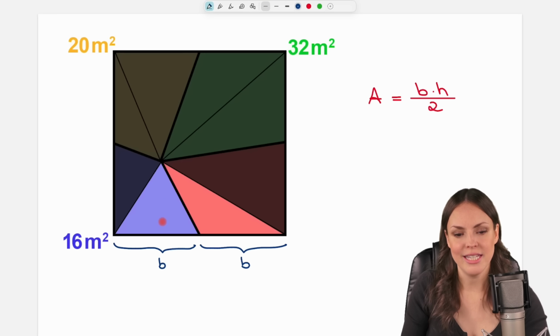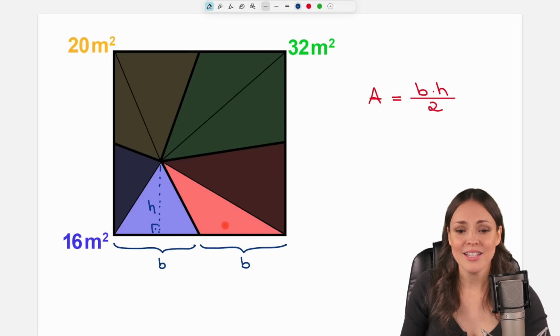What about the height of this triangle? Well, it has to go through the opposite point and goes down perpendicular. So this is my height of my blue triangle here. And what is the height of this red triangle?